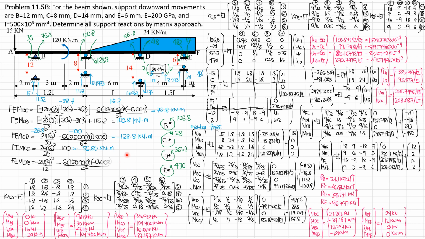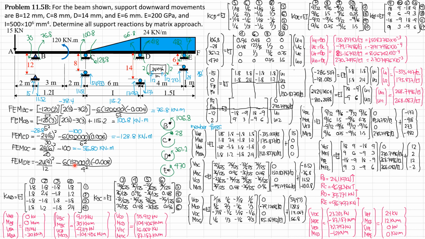Then fixed moment DE is equal to negative wL square over 12, negative 24 times 4 square over 12. Then sideway moment is negative 6EI delta over L square. Delta this time is treated negative, 14 minus 6 is 8 mm because the rotation of chord DE is counterclockwise.